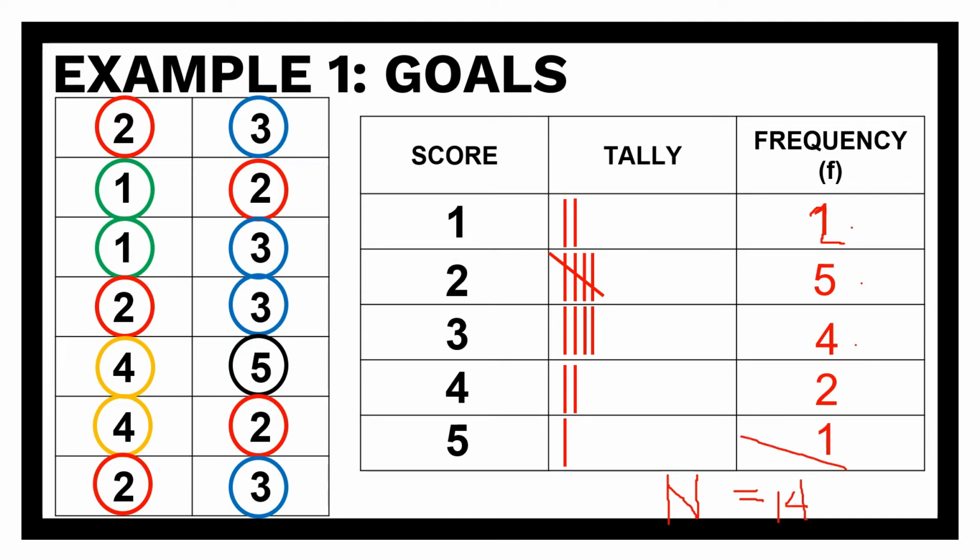Therefore, we have recorded all the scores correctly. But be careful when it comes to tallying. Sometimes we might put the tally mark on the wrong score. So just be careful with that.